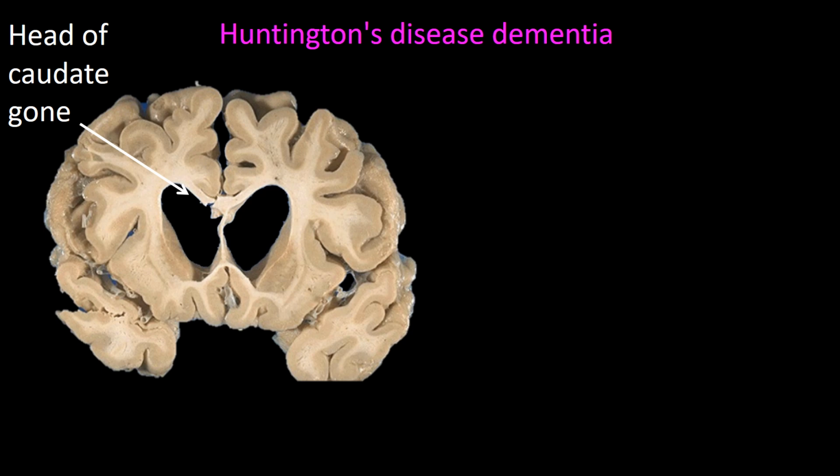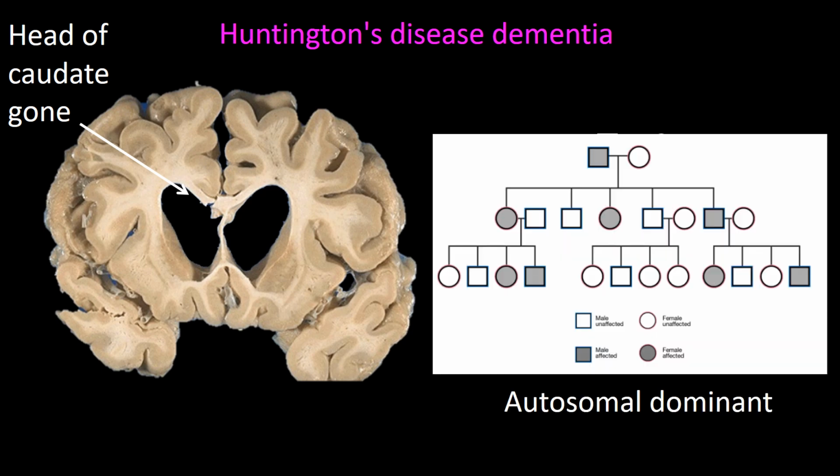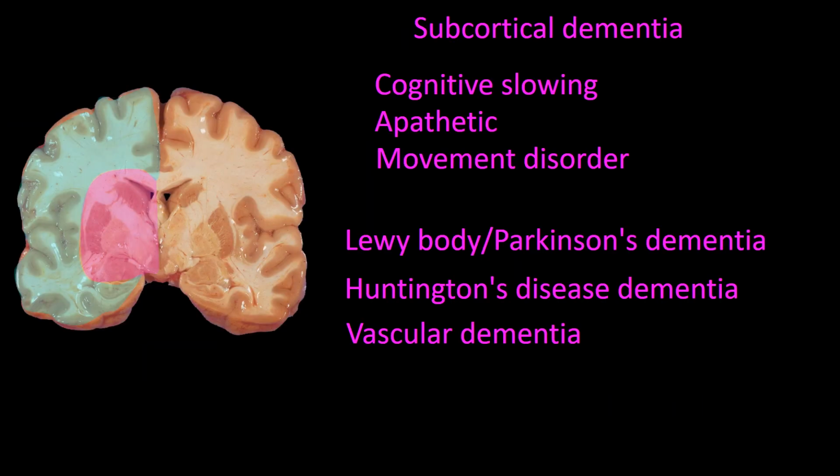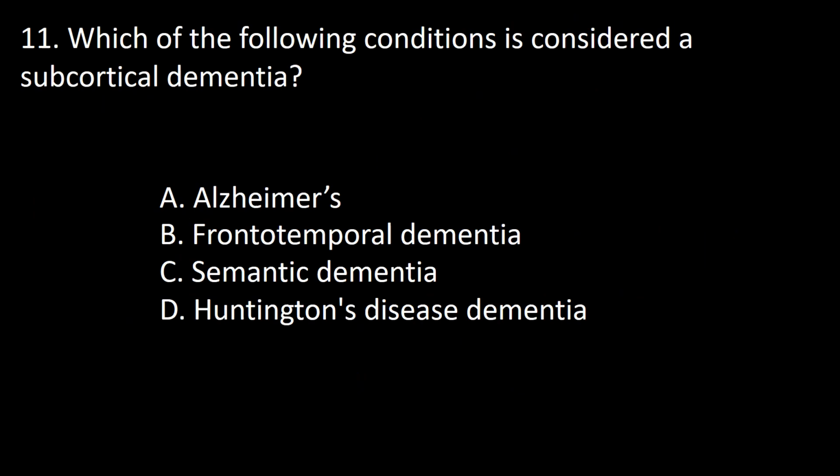This atrophy is due to neuronal loss in this structure. Huntington disease, an autosomal dominant condition, is characterized clinically by choreiform movements. In addition to Huntington disease, other subcortical dementias are vascular dementia and prion dementia, including CJD. So the answer to this question is D.